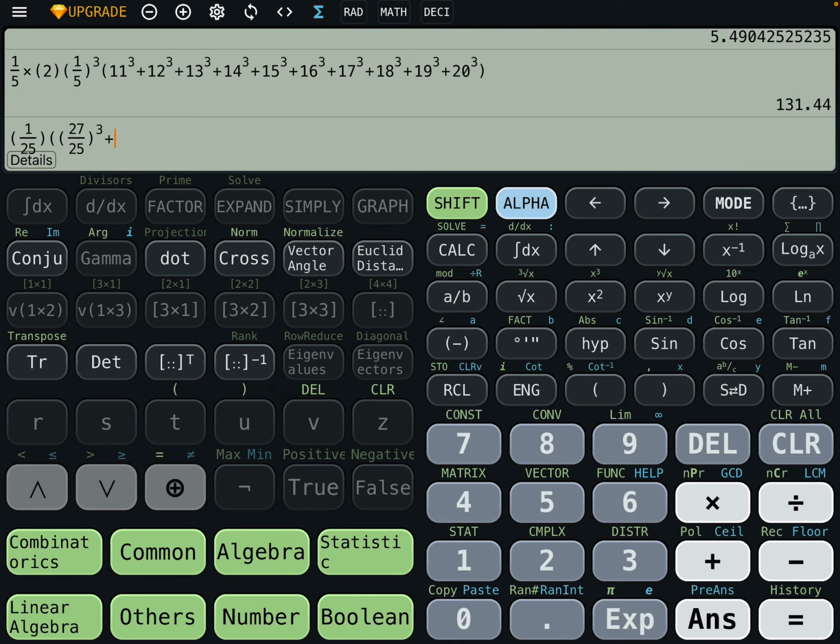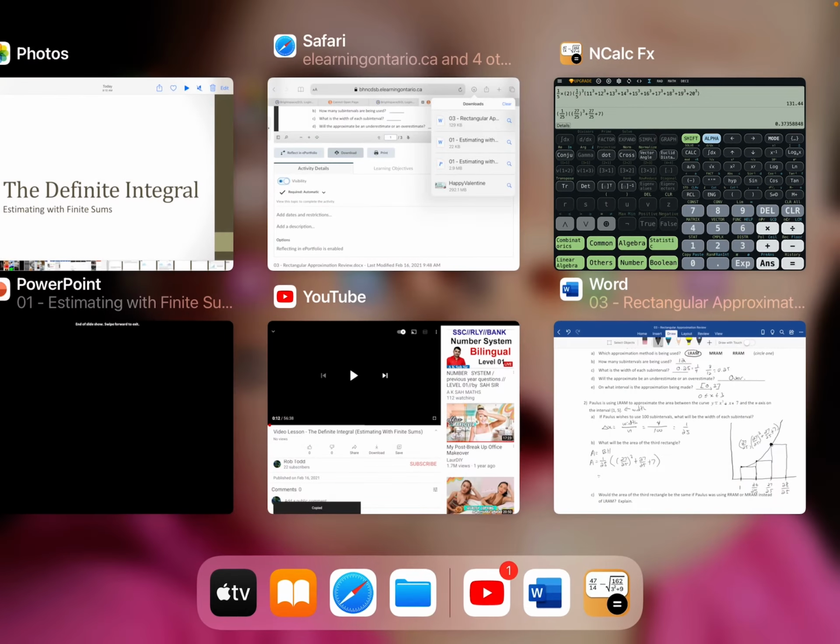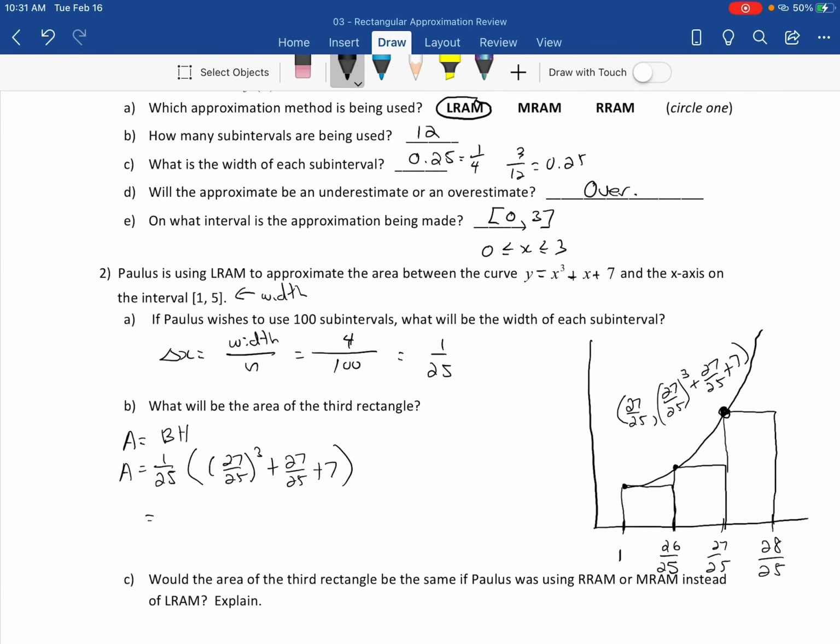Then plus 27/25ths, and then plus 7, close the bracket, and I get a decimal answer there, 0.37358848. That one got so messy that it couldn't really be expressed as a fraction very easily, so we switch over to decimals there. Okay, so that was the third rectangle.